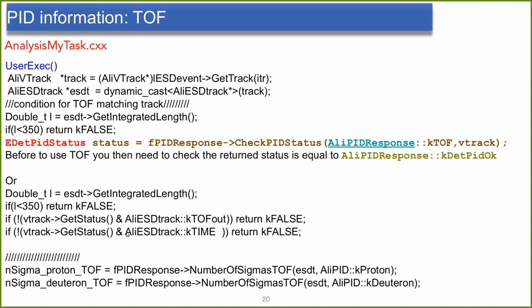So you can check the status of your hit track, and also whether you have the TOFout and kTIME information or not. You can do it either this way or this way, and after checking that your track has a hit in the TOF, you can directly extract the number of n sigmas TOF by just calling the number of n sigmas TOF.